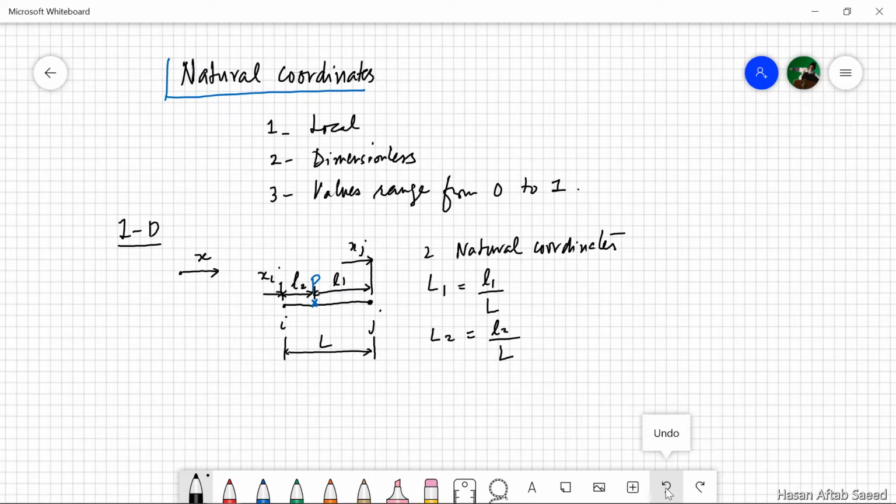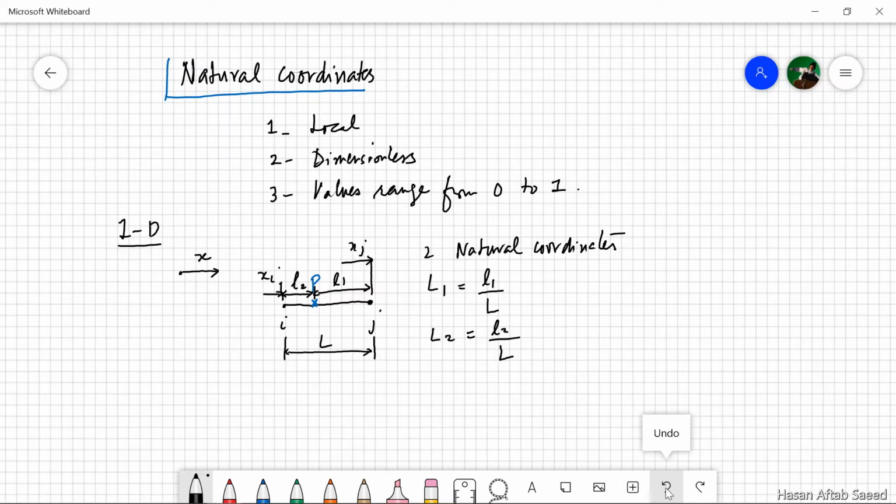If P moves to node i, then the natural coordinate, capital L1, becomes 1, L2 becomes 0. If P moves to node j, then L2 becomes 1, L1 becomes 0.